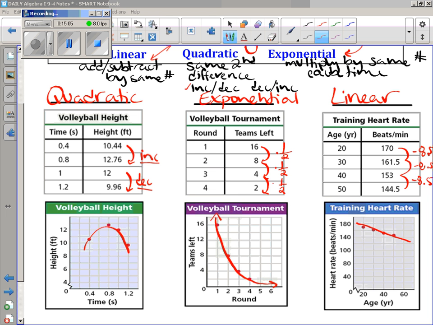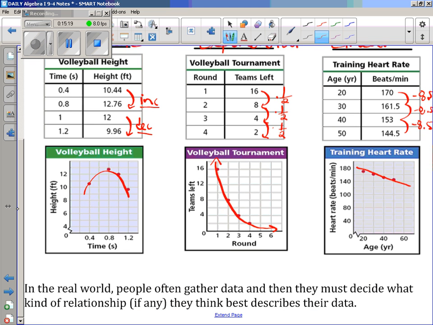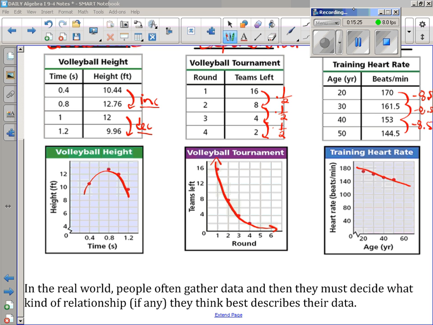Okay, so what we're doing in this lesson is just using the patterns in the table or the shape of the graph when we plot the values in the table to identify which type of function it is. The reason why we do this is because scientists and a lot of people that use math in the real world gather data or information about what they're observing.